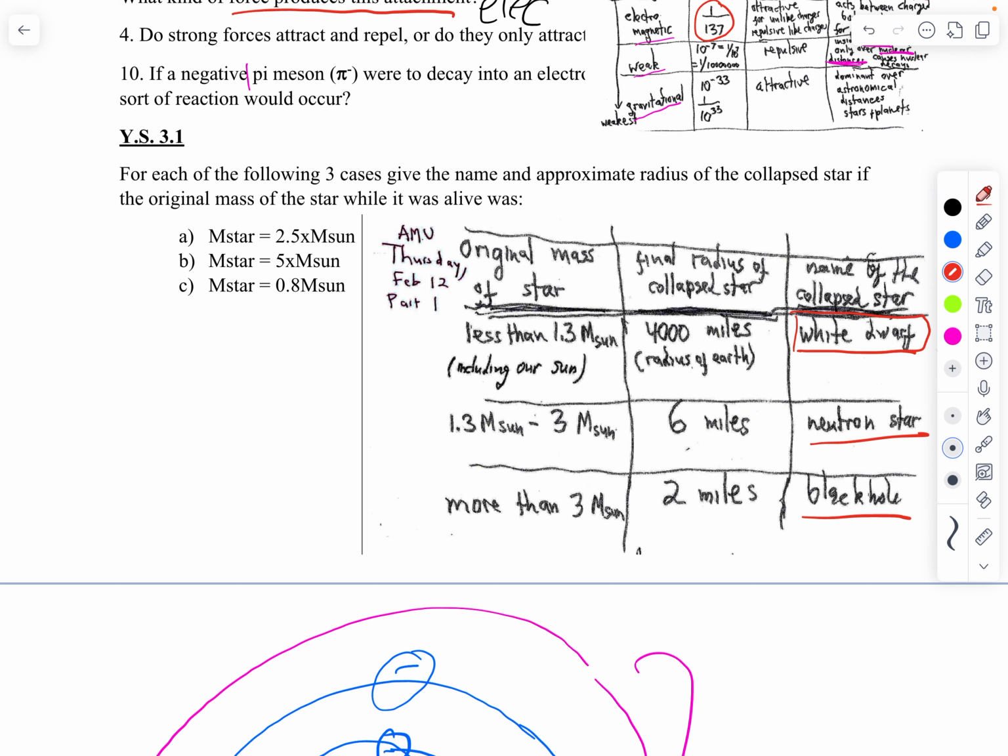For a star to be considered a white dwarf after it collapses, it has to weigh less than 1.3 times the mass of the sun. So let's say if it has 0.5 mass of the sun, it's a white dwarf, right?